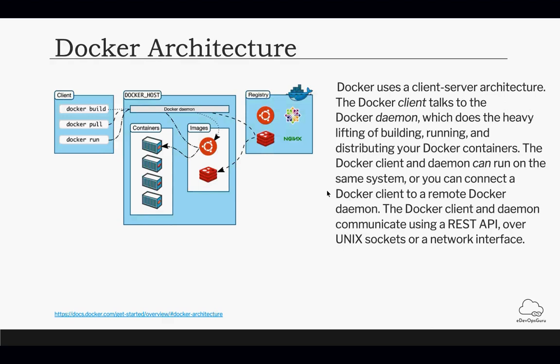Okay, so this is a high level Docker architecture where we have three, or even four or five, different components. The first component is the client. It is a program which talks to the Docker daemon, and it does operations like Docker run, pull, build, those kinds of things.